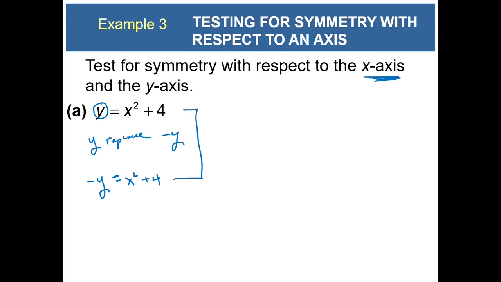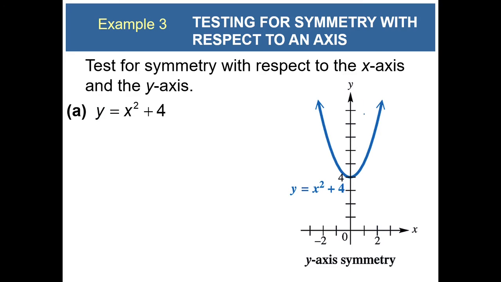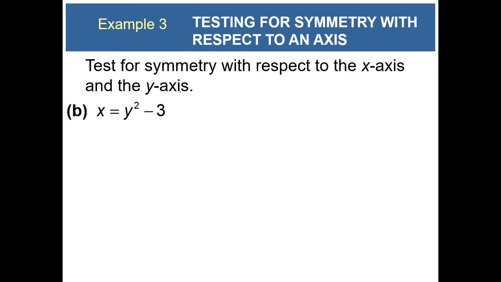These two equations are not the same, and so there is no symmetry about the x-axis. You can see from the graph we do have a symmetry about the y-axis, but there is no reflection across the x-axis.